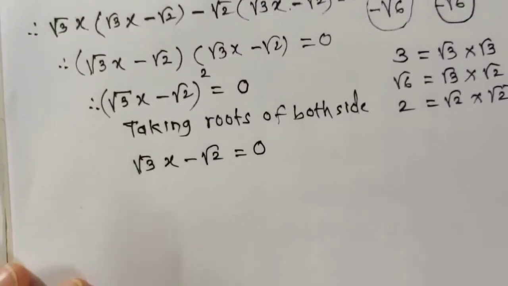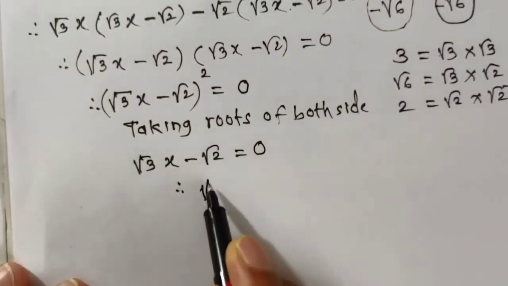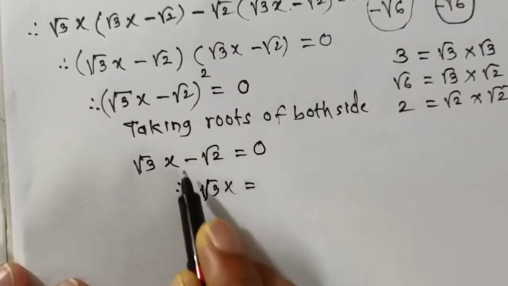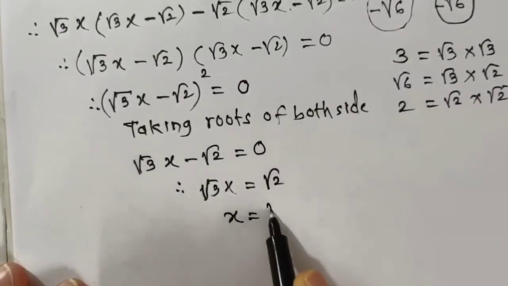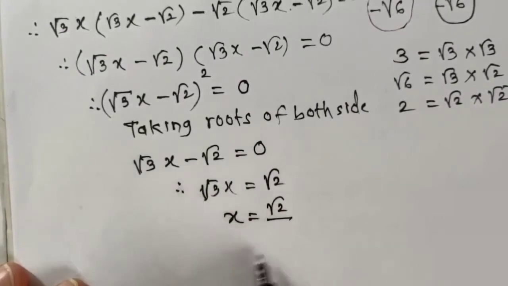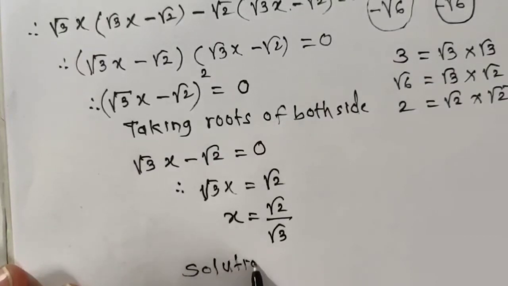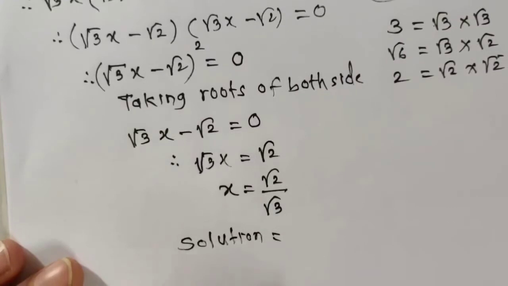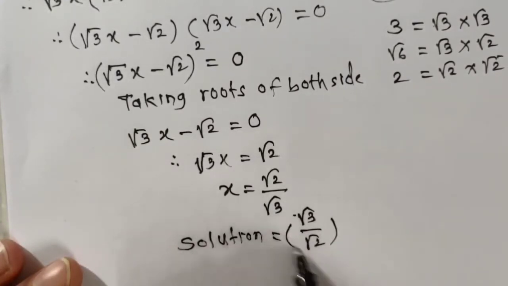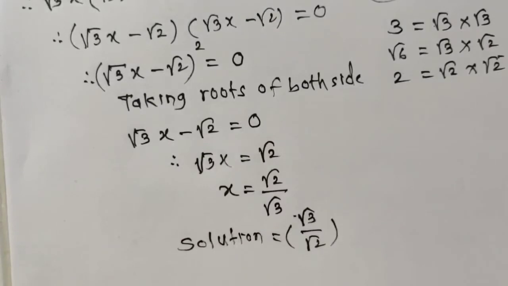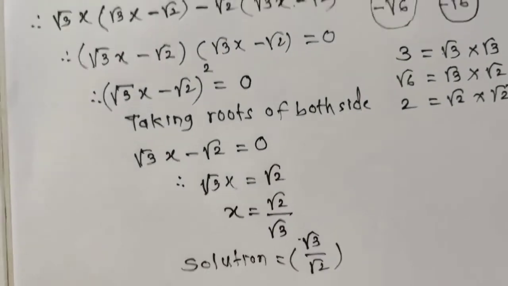Therefore root 3x is equal to this root 2 becomes plus root 2, and x is equal to this root 2 divided by this root 3. So we get only one value, and that is our solution, root 2 upon root 3. So this is the value of that x. In this way we can solve that sum.